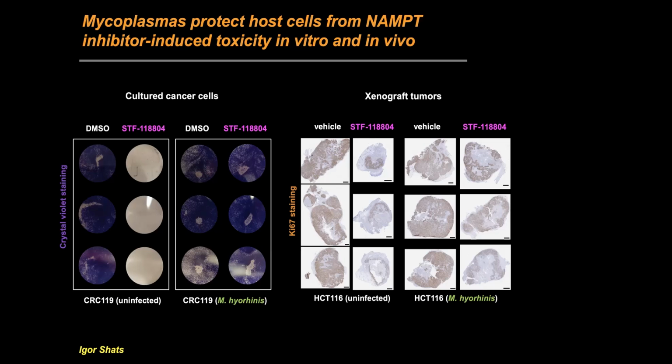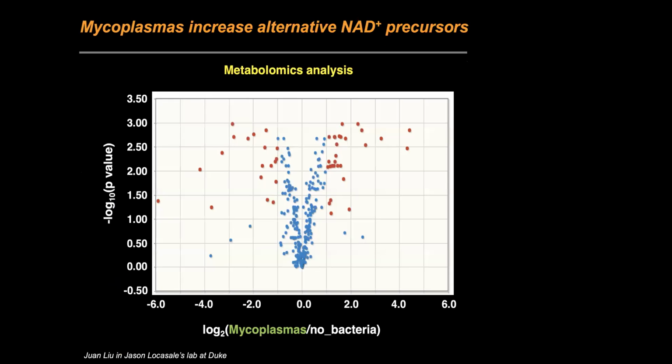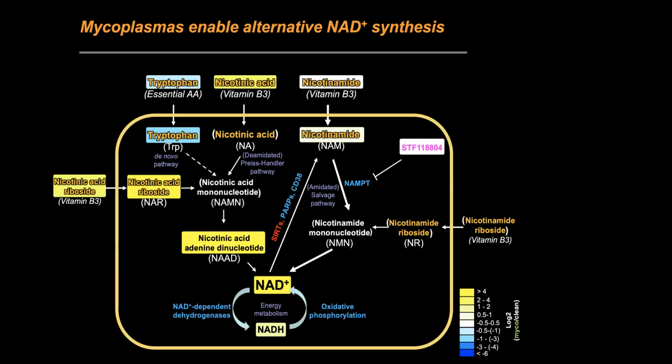So how could this happen? Working together with John Liu in Jason Locasale's lab at Duke in a metabolomic analysis, Igor figured out that mycoplasma can in fact dramatically increase the cellular abundance of NAR and NAAD. If you remember correctly, what I just showed you, those two metabolites are important in the deamidated NAD biosynthesis pathway.